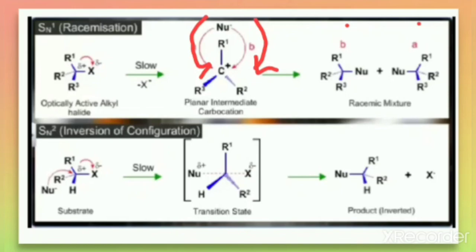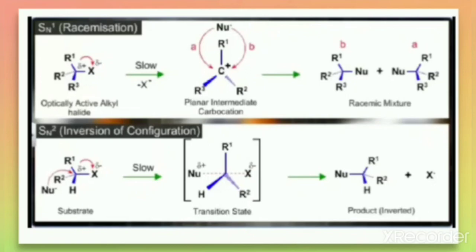Because the carbocation formed as an intermediate is planar, there are two ways of attack of the nucleophile, from the front and from the rear. Thus we get two products together, which is called a racemic mixture, and a racemic mixture is optically inactive. When we discuss the SN2 mechanism, inversion of configuration takes place.